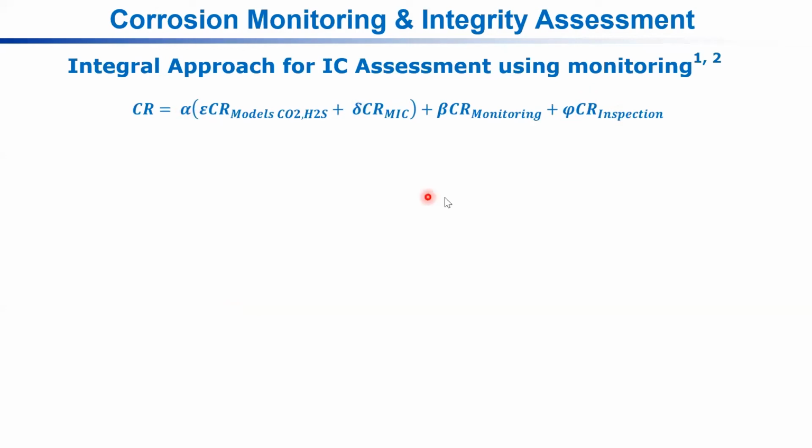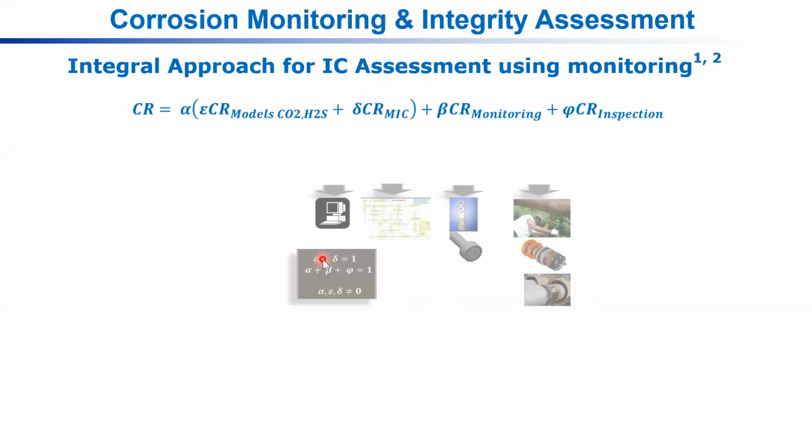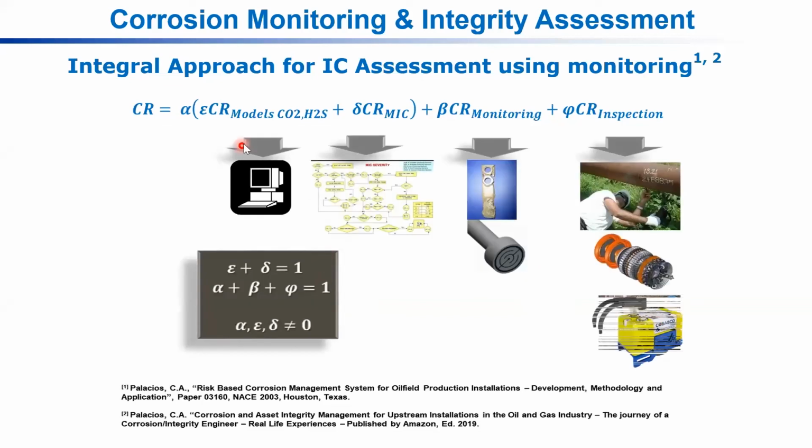These alpha, beta, and phi are weighting factors. So the monitoring, the flow modeling, and the inspections, all combined together, will increase the reliability of your system.